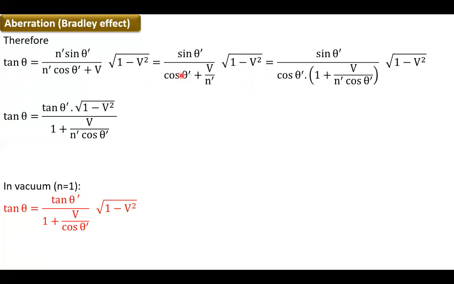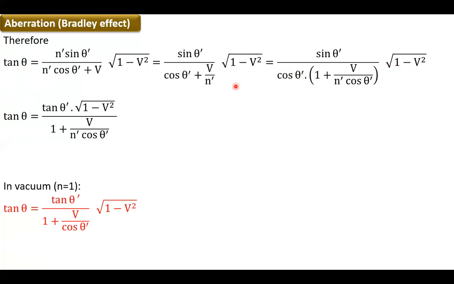If you put a cosine theta prime outside as a common factor, you have to divide here by cosine theta prime. So you will get sine theta prime over cosine theta prime times 1 plus v over n prime cosine theta prime, times the radical of 1 minus v squared.